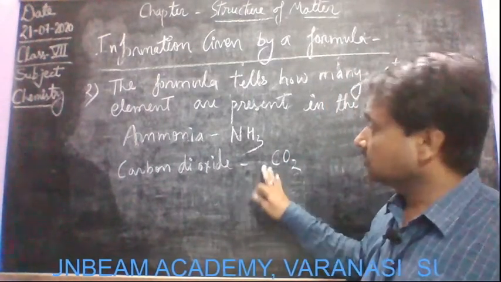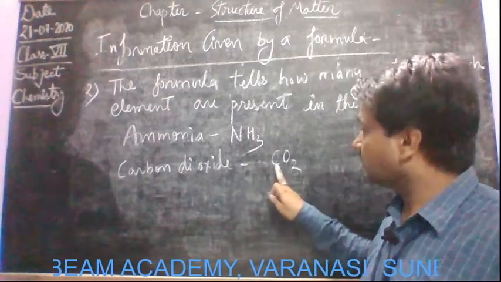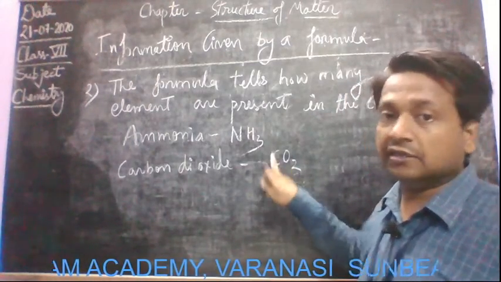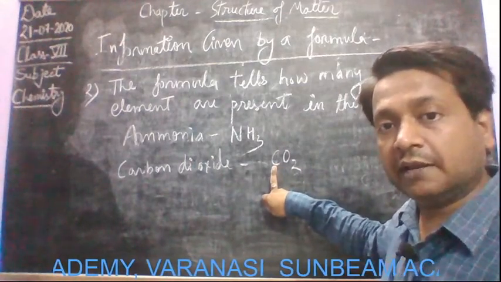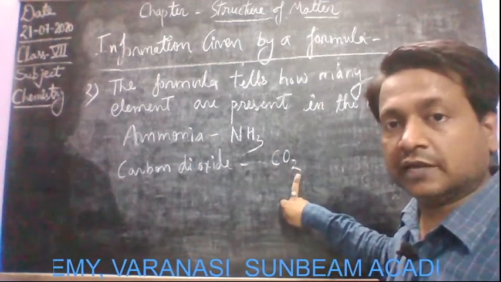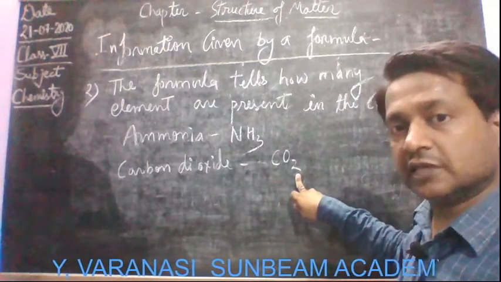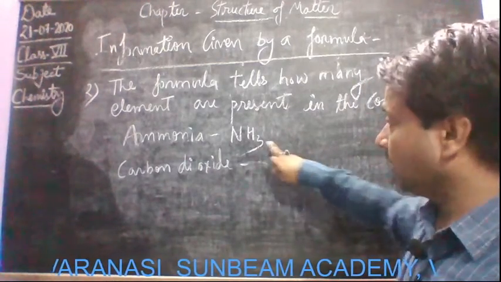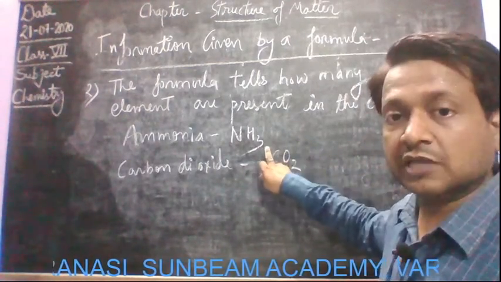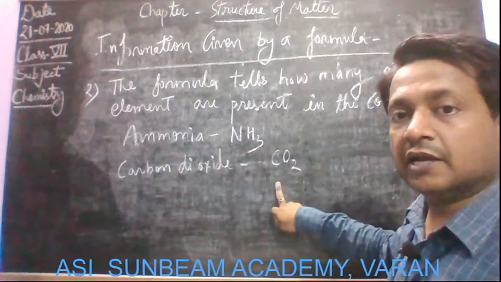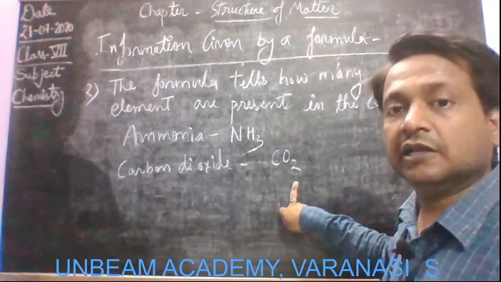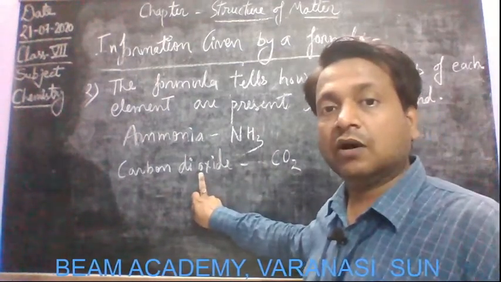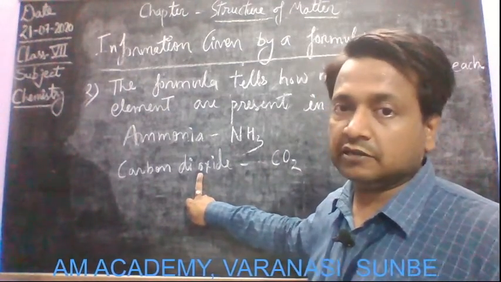So the elements which are present here are carbon and oxygen, and the number of atoms of these elements are carbon 1 atom and oxygen 2 atoms. So we can say that if we have the formula of carbon dioxide, then 1 atom of carbon and 2 atoms of oxygen are present in one molecule of carbon dioxide.